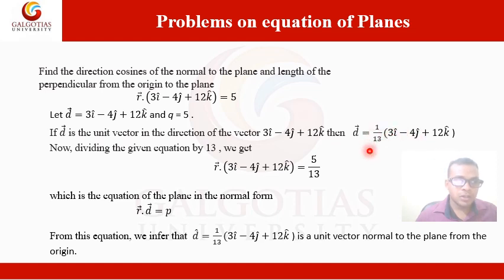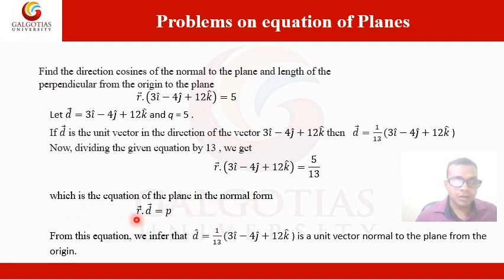Modulus of this part is going to be 13. So I can have here something like r dot your d cap is equal to, I can say this part as your q by modulus of your d vector. So I can get here 5 by 13. So in such case, which is the equation of plane in the normal form?